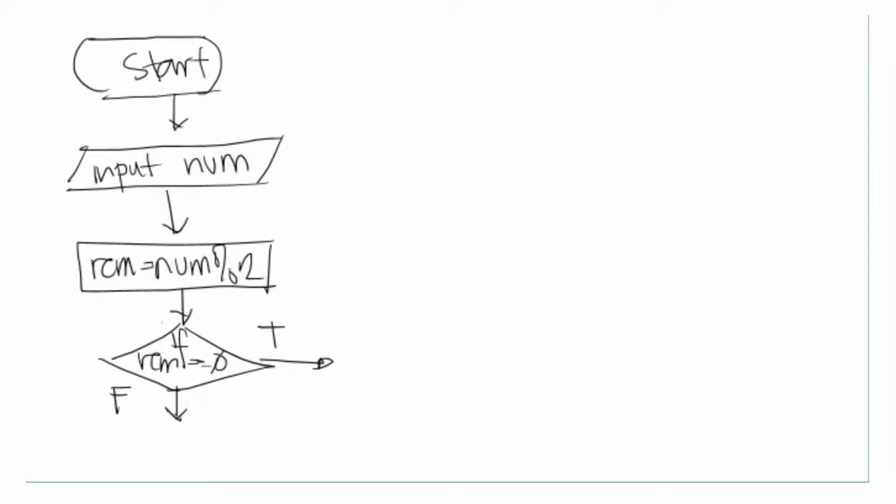So if it's true, that means I'm going to output even. And if it's false, let me just use a connector.